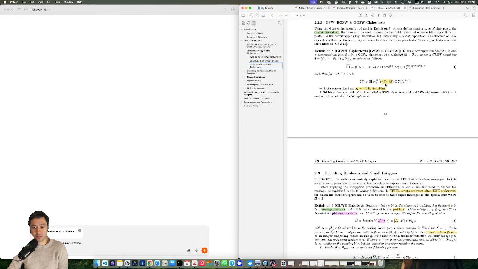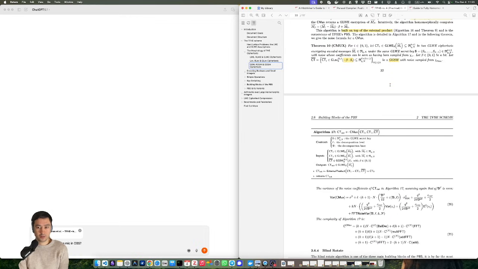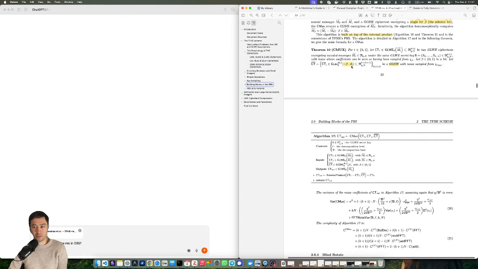Oh yeah, minus M, right? It's an encryption of M. Minus M is an encryption of M here, right? But why do you have the secret key?